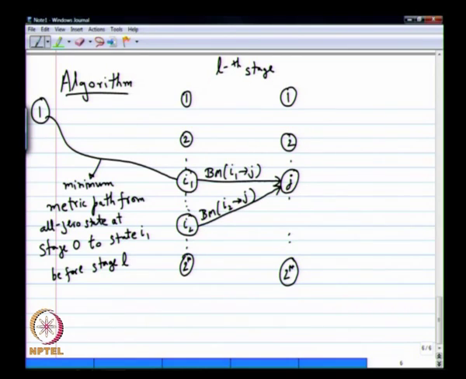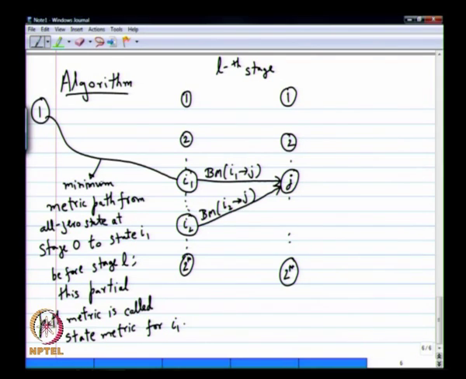It is a long worded description for what is maybe easy for you to understand. That will have a partial path metric. That partial path metric is called the state metric for I1. We need some notation.